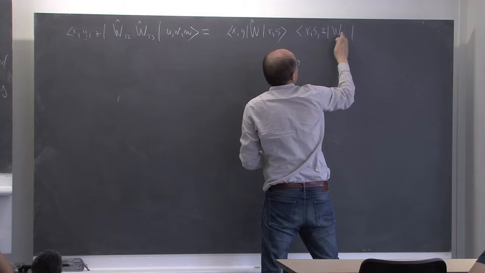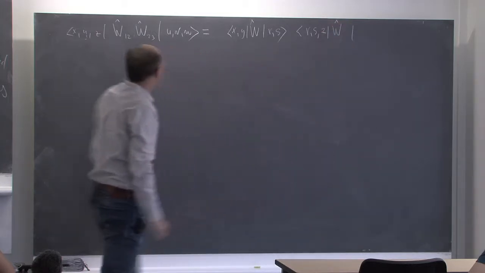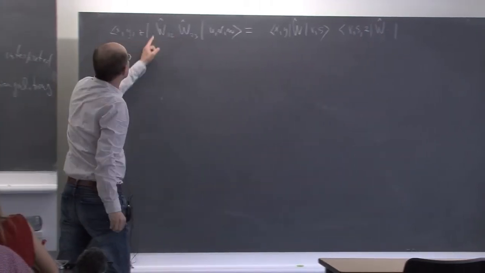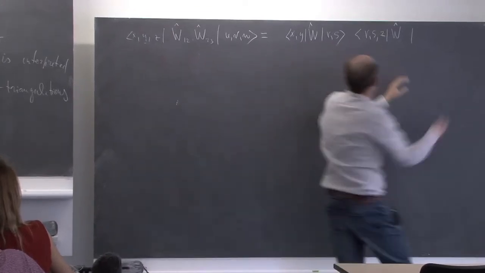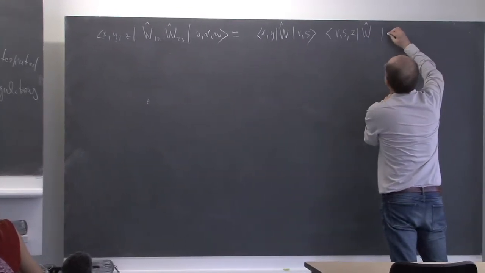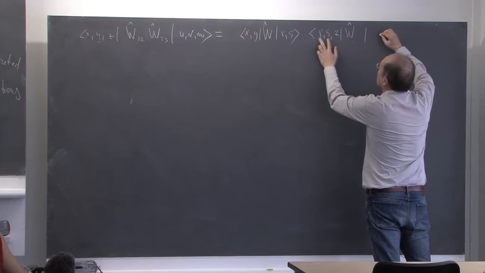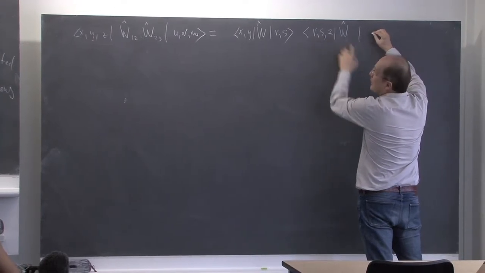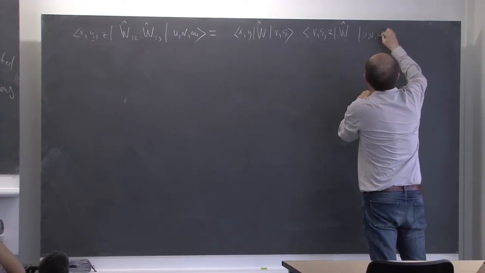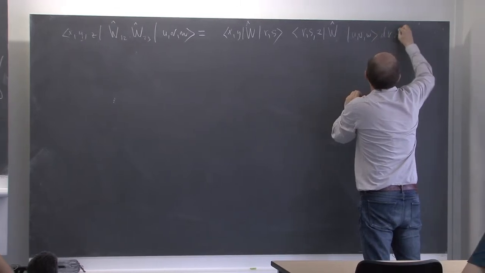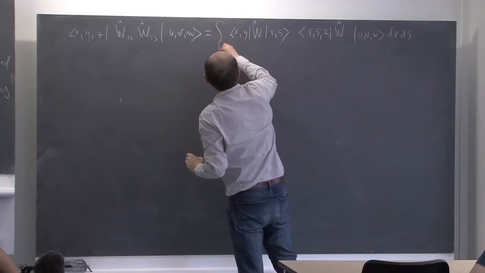But it doesn't make sense to keep these subindices when we specify explicitly the operation of W. R, S, Z, and U, V, W, dr, ds, right? The double integral.